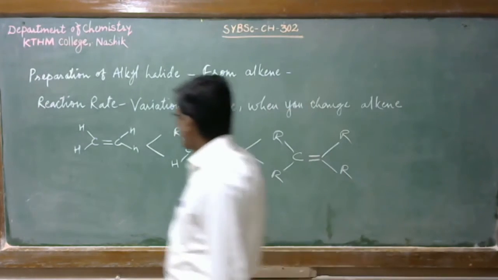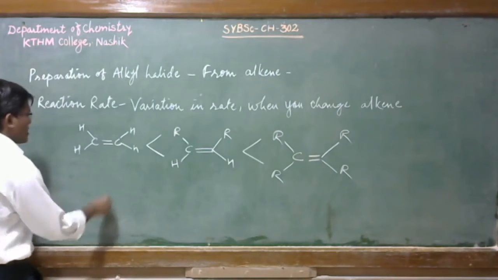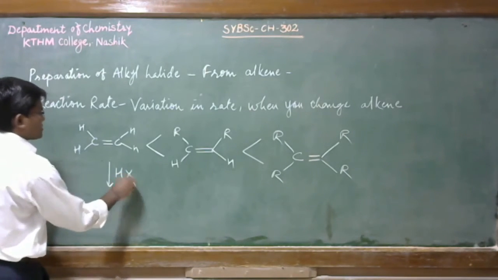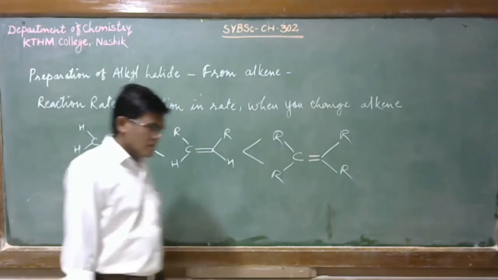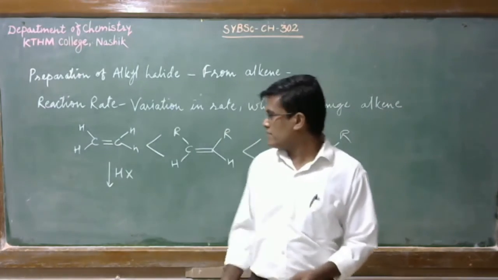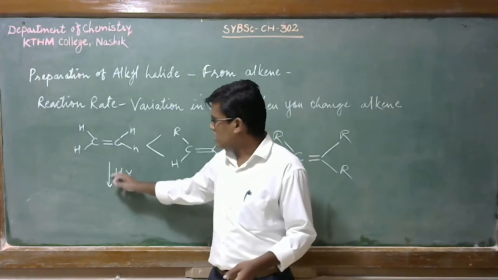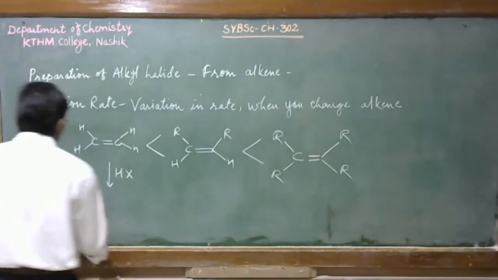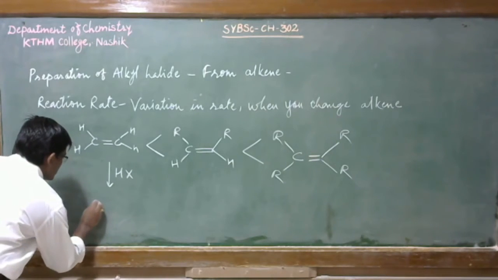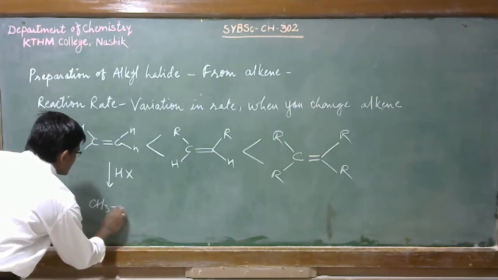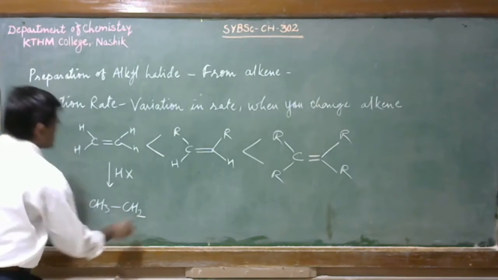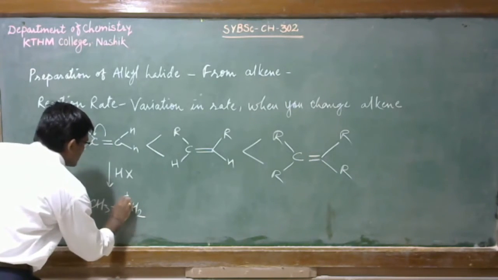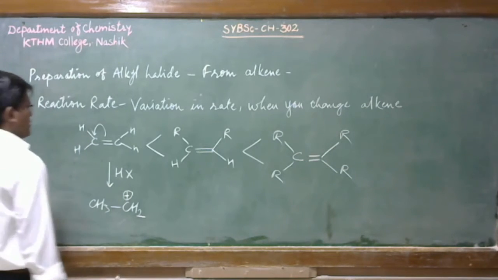When you add HX, first of all, the hydrogen will get attached to one of the carbons, so we can generate this CH3 and this CH2, and a carbonium ion will form.